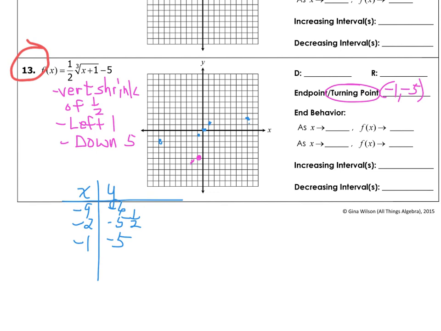And then -9, -6, 1, 2, 3, 4, 5, 6 is going to be right here. Okay? All right, let me try this one again. And you can see that when it was shrunk a half, it went in between the two grid lines. Okay, so there we go. So we're going to see the shape on this changing.